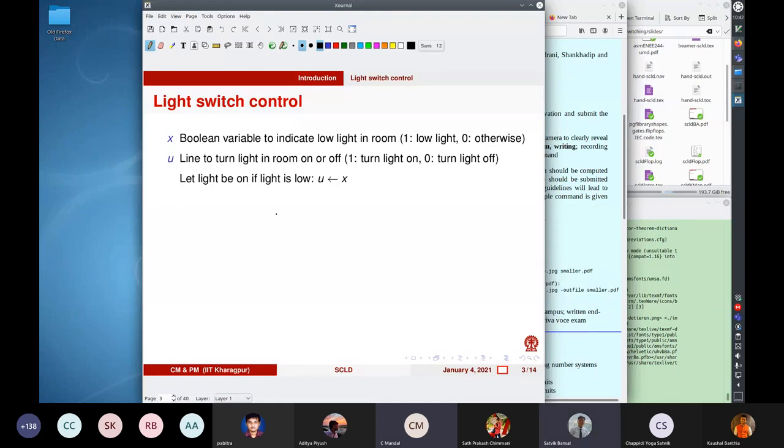Because it doesn't take into consideration whether someone requires that light. No, we are just assuming that this whole system is enabled if someone requires that light.